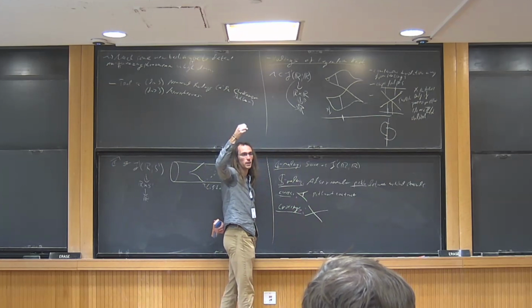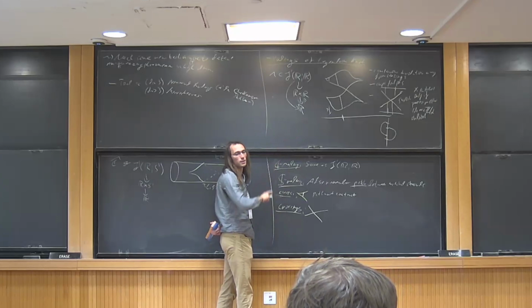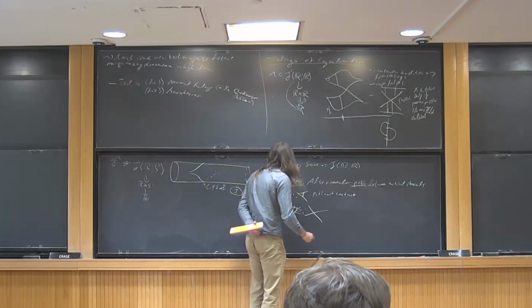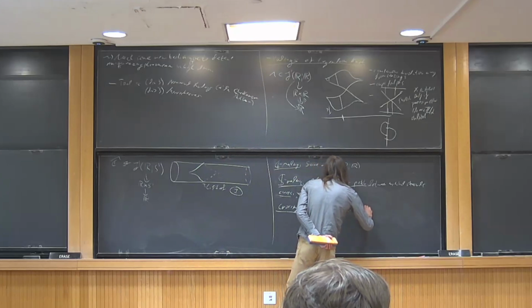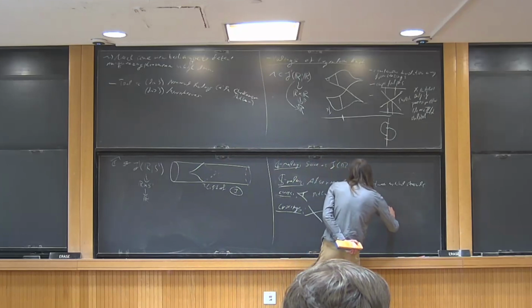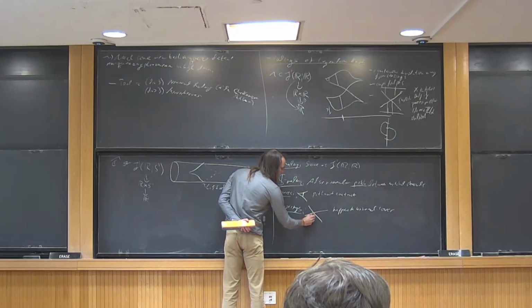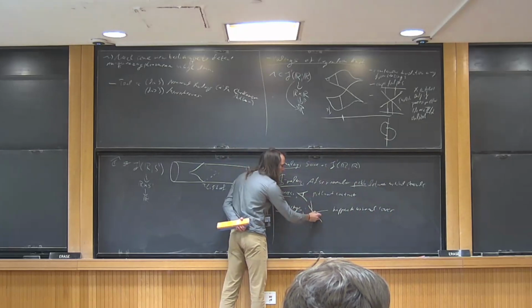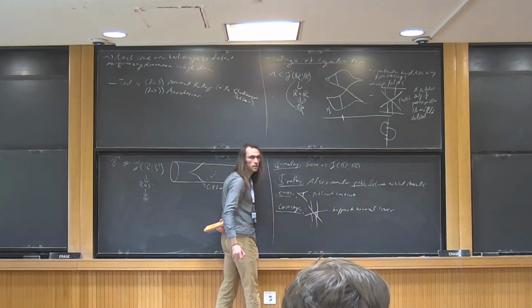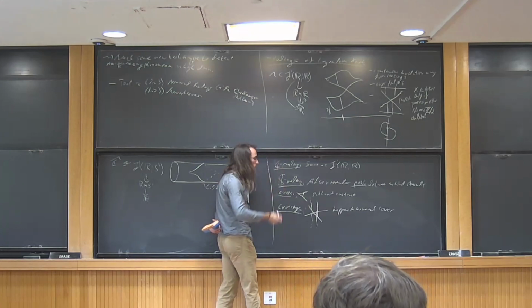So I should fix a base point. I look at the nearby lifts of strands, and I ask whether or not the crossing rule up there is satisfied in the universal cover. So the essential differences are that two strands can be matched and cross, but they must cross like this if the path between them winds once as it goes through the crossing, at least once.